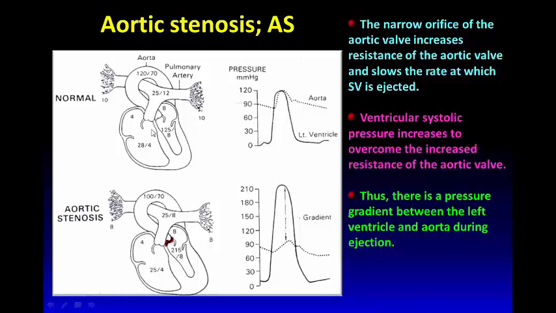In normal conditions during ventricular ejection, the left ventricular systolic pressure and the aortic systolic pressure would be the same, 120 millimeters of mercury. Because in aortic stenosis the left ventricle works much harder to overcome the increased resistance of the stenotic aortic valvular orifice, aortic stenosis might result in concentric hypertrophy of the left ventricle.